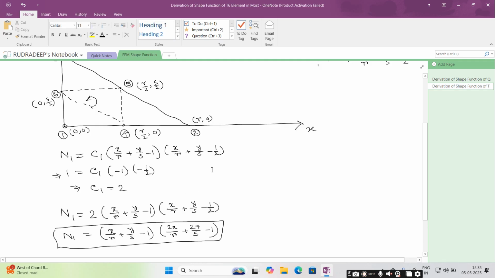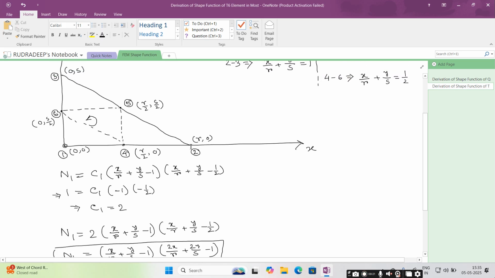Now we will go to node 2. For node 2, which equations should I take, such that all the remaining points touch them? One is this 1 3 line, the other one is the 4 5 line.